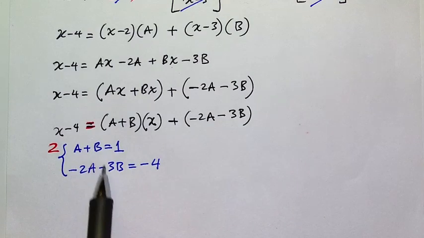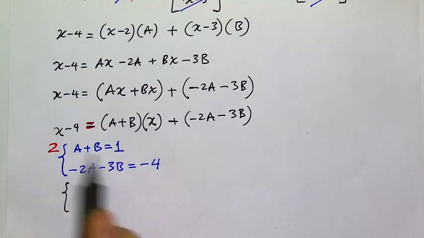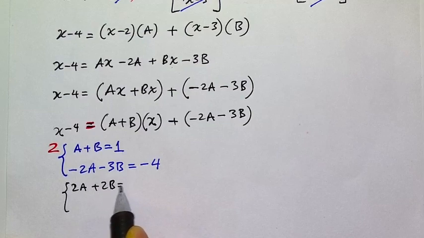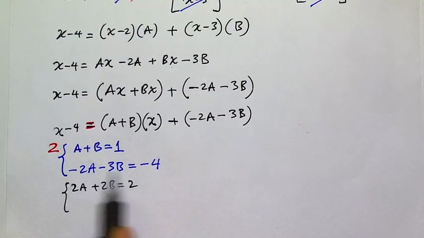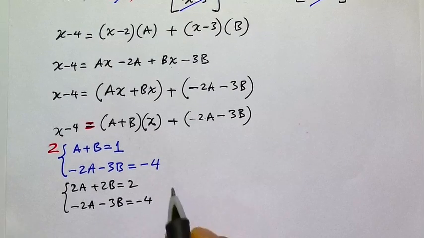You can get rid of the b terms and end up with the same answer. So it doesn't make any difference. So multiply the top row by 2, we get 2a plus 2b equals 2. And the bottom stays the same for now, right? Minus 2a minus 3b equals minus 4.